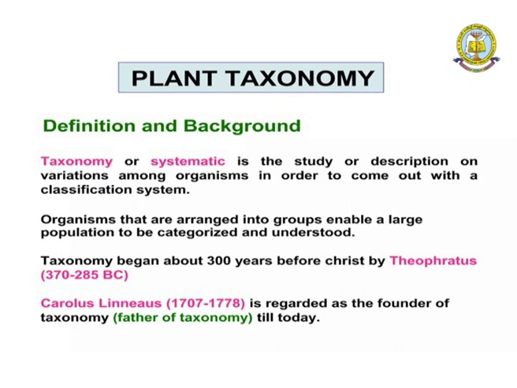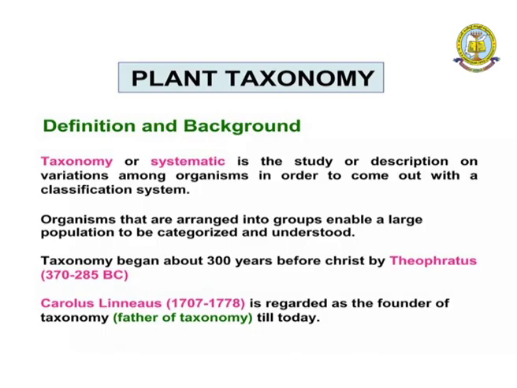Taxonomy is a systematic study of descriptions and variation among organisms, in order to come out with classification systems. Organisms are arranged into groups, enabling large populations to be categorized and understood.